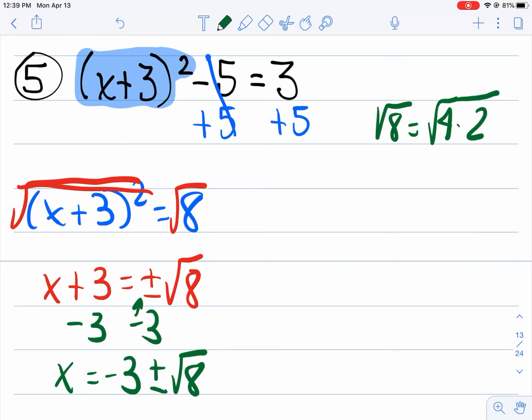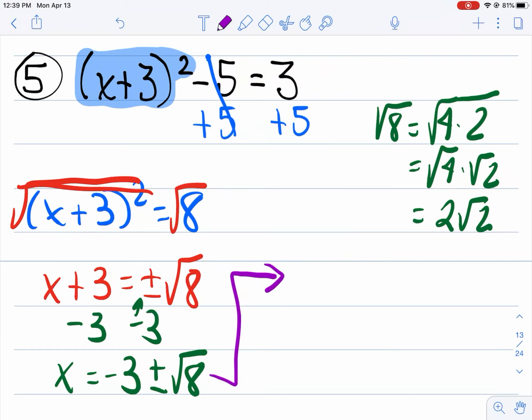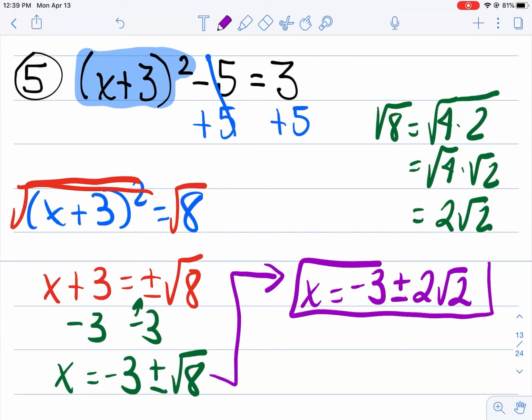That's the largest perfect square factor of 8 is 4. Square root of 4 times the square root of 2. Break it up, and then simplify: 2 radical 2. So the final answer to our problem is x equals negative 3 plus or minus 2 radical 2. And that one is finished.